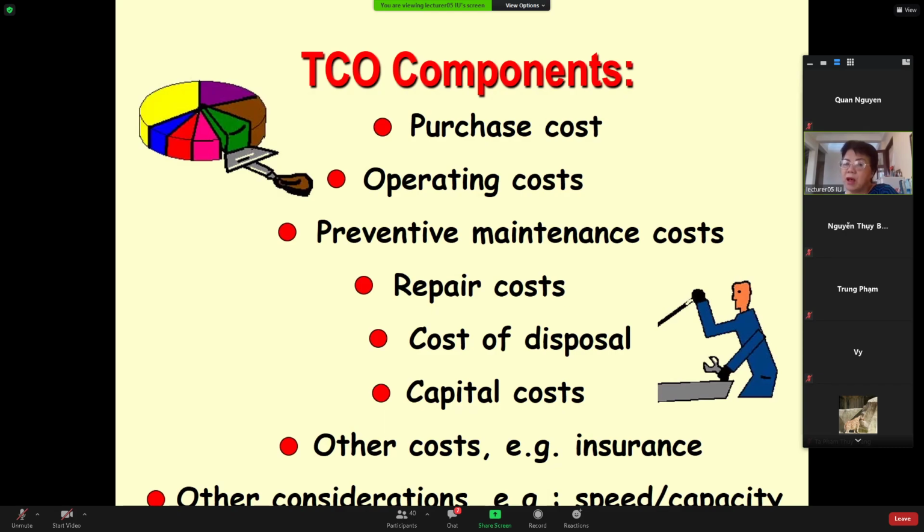What about the repair cost? What about the cost of disposal? And what about the capital cost? Include other costs such as insurance, speed, capacity, design, operation, maintenance, etc. Everything makes up the total cost of ownership components.